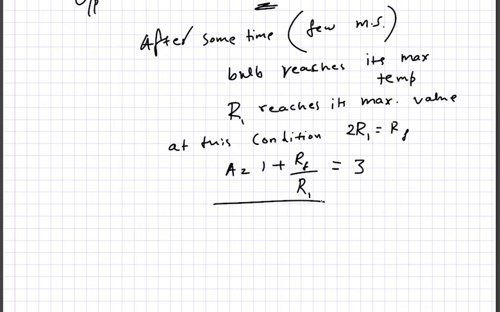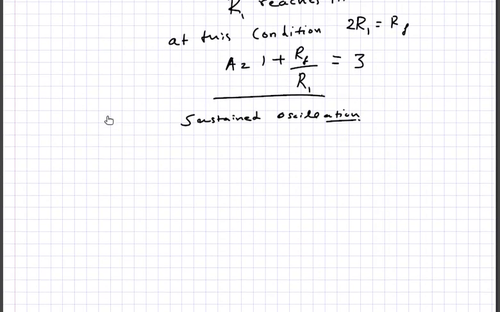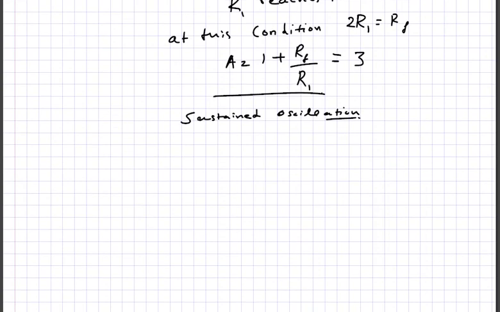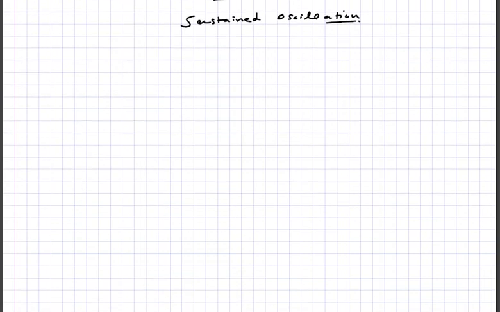And that gives rise to sustained oscillations. So initially the Barkhausen criterion is not met, but later it is met due to the heating of the filament in the tungsten lamp.